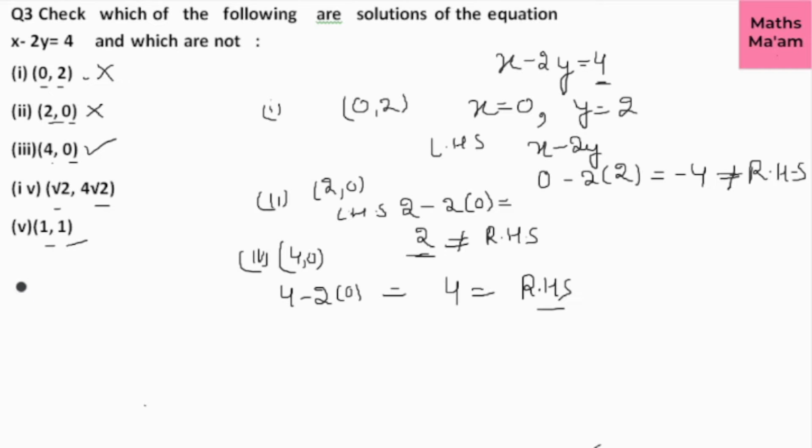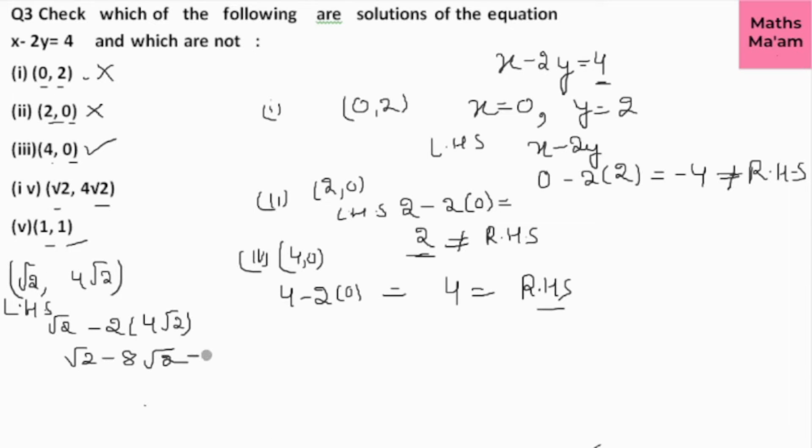Now the next one is root 2 and 4 root 2. Okay, now we'll put x as root 2 minus 2 times 4 root 2 in the left hand side. So we get root 2, then 4 root 2, and root 2 will give us 8 root 2, which is not equal to 4. So this is also not the solution of this equation.